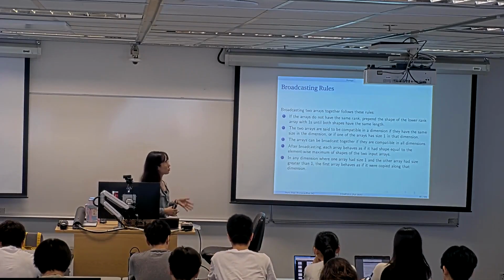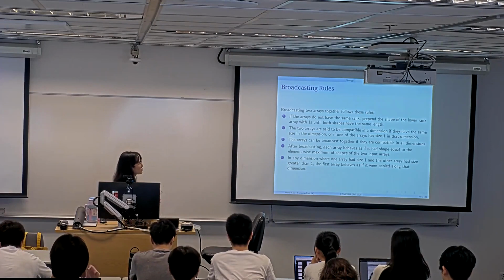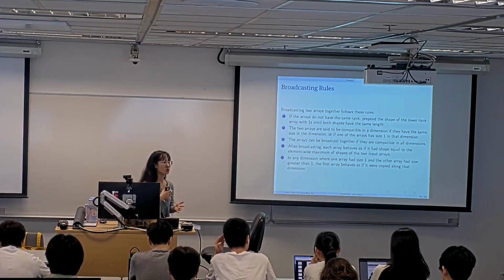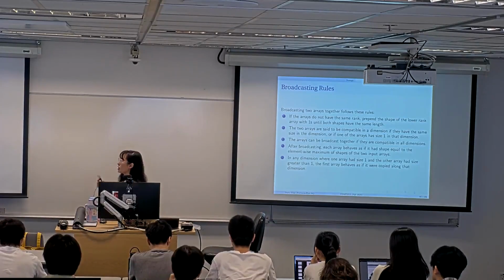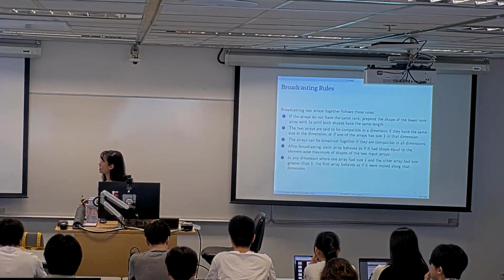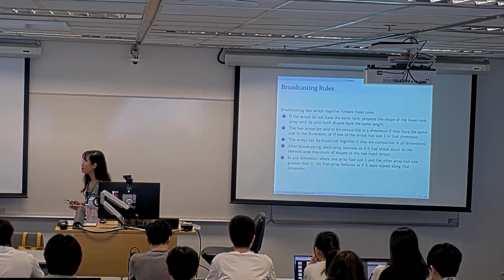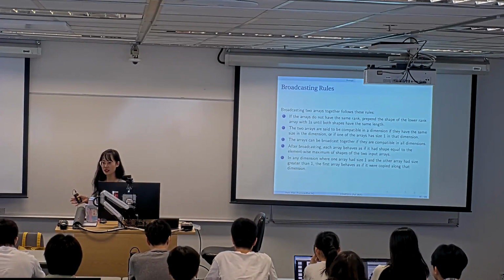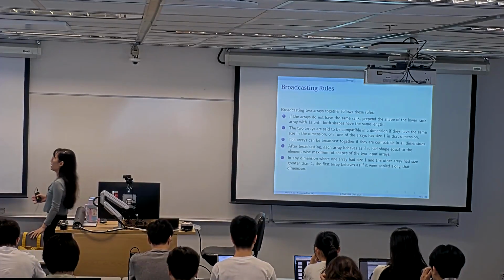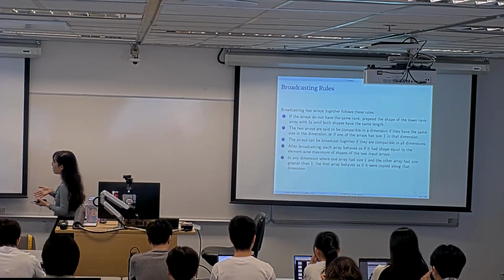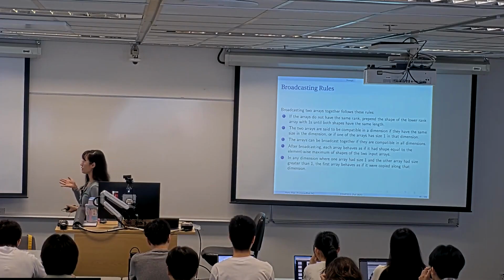All right, next we can have a review of the broadcasting rules. We already finished the introduction of these rules. Recall that first we always need to compare the dimensions of the two arrays. If they are not in the same dimension, or the same rank, then we need to prepend the shape of the lower rank with 1 until they have the same length, as if they are in the same dimension. Then we compare the two arrays one dimension by one dimension to see whether they are compatible.